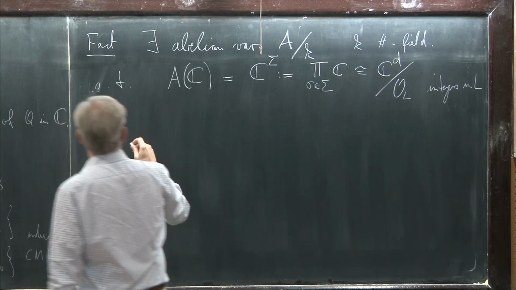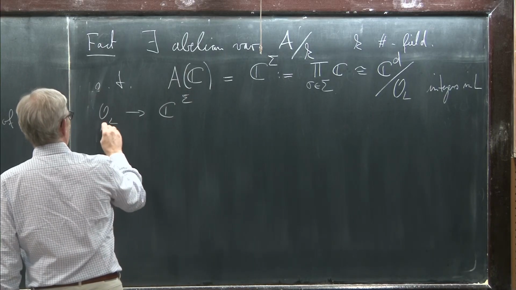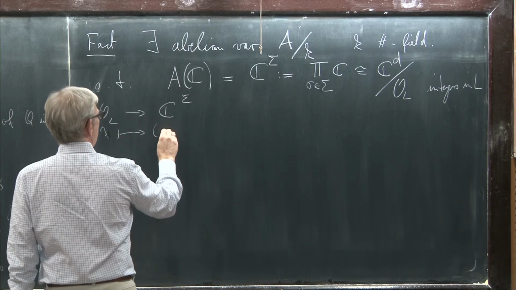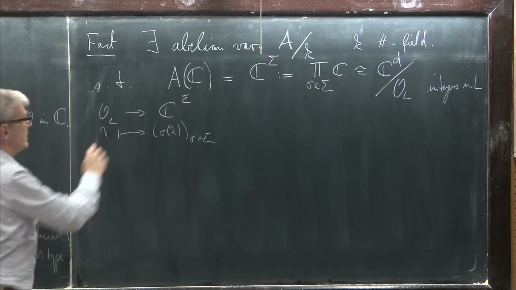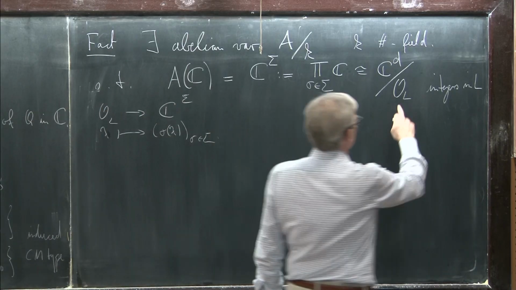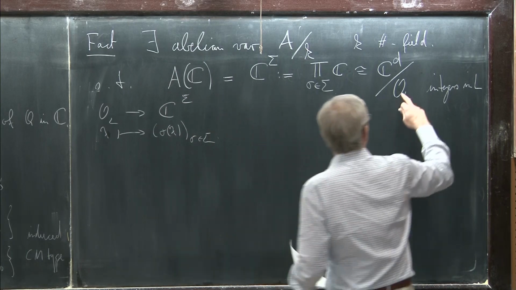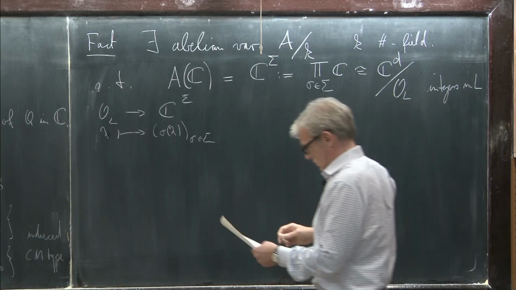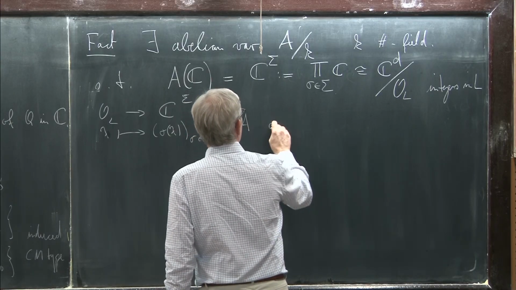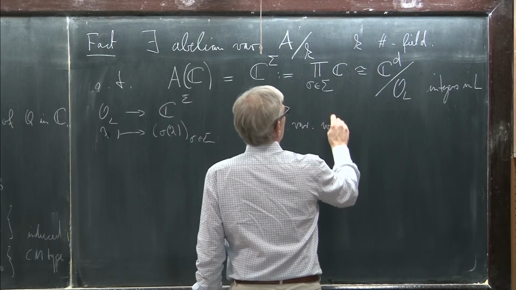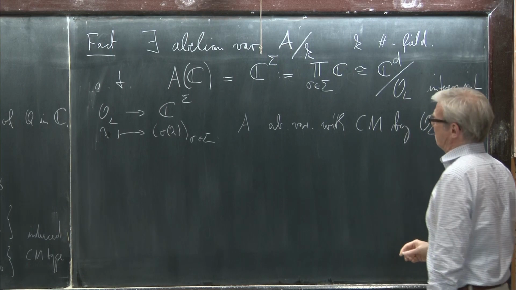So the map here to C to the sigma simply sends lambda to the array of sigma of lambda, for sigma in sigma. And this is an abelian variety with complex multiplication by this ring of integers. So it has an endomorphism ring which contains OL.